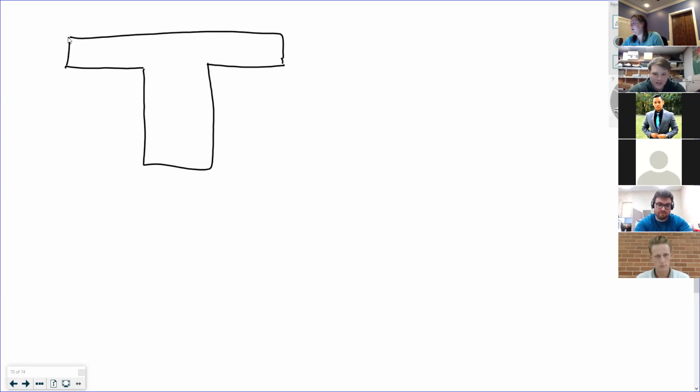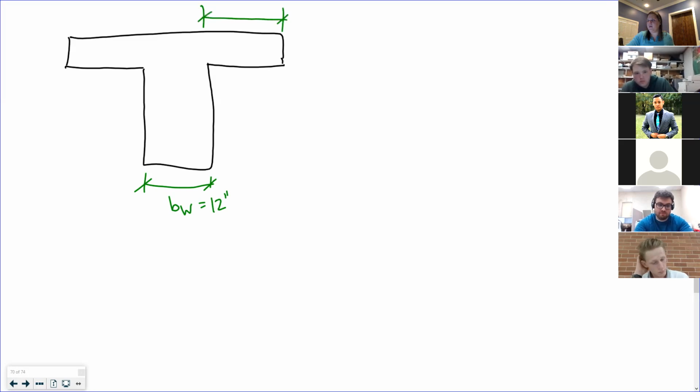I know I keep saying it, but this is where the students last year were a little confused. We have our beam width down here, which is 12 inches. And then to that, we get to add, since we're not a spandrel beam, it's a T-beam, some amount.